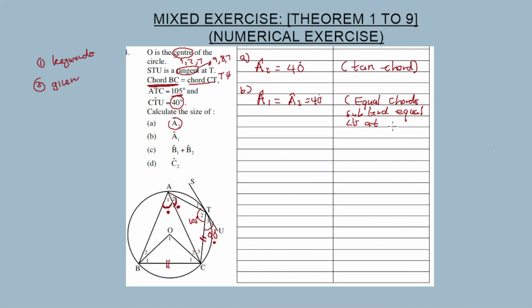So A1 or A2 they are found at the circumference. So equal chords, the chord le ilingana na le chord le is given. I'm not assuming anything, it's given. Equal chords subtend equal angles at circumference. That's the reason, right? That's the reason. C, B1 and B2. So since lana lingana, it's 40, nalana it's 40.